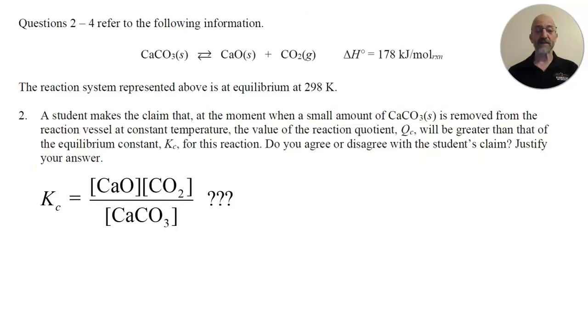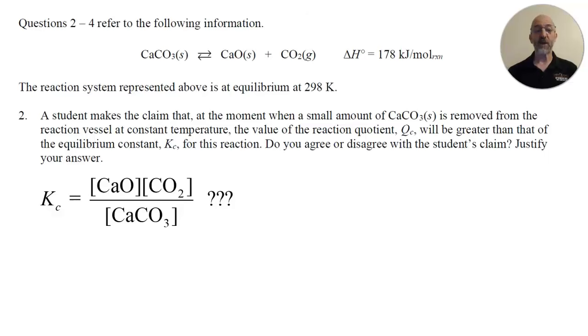Now, what I have just written on this slide is followed with a set of question marks. So that indicates that it is possible that I have made a mistake, and yes, in fact, I have made a mistake. So I did this because this might be a mistake that some students would make when they write the equilibrium constant expression for a reaction that involves either solids or pure liquids.